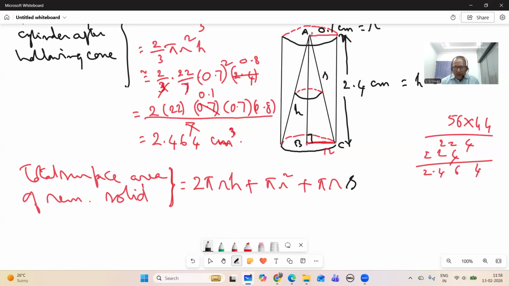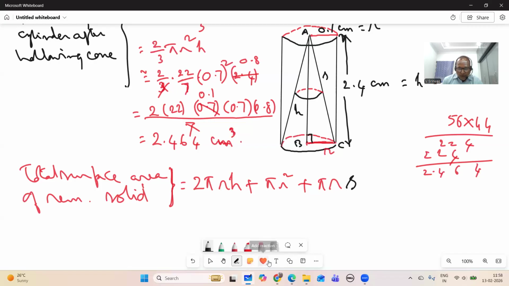Plus this top circle remains, that is pi r square, plus this bottom circle is removed. But this new cone has formed, so its lateral surface area or curved surface area is to be calculated. That is pi r s. So we have to calculate this.